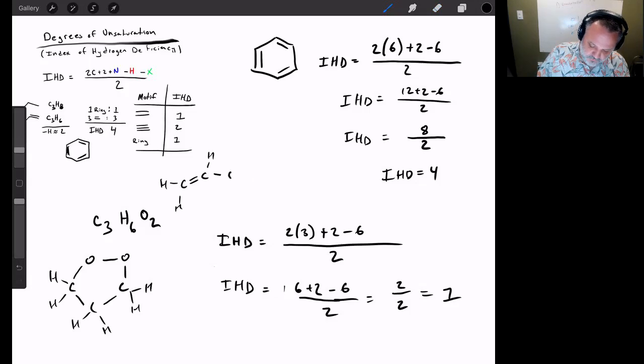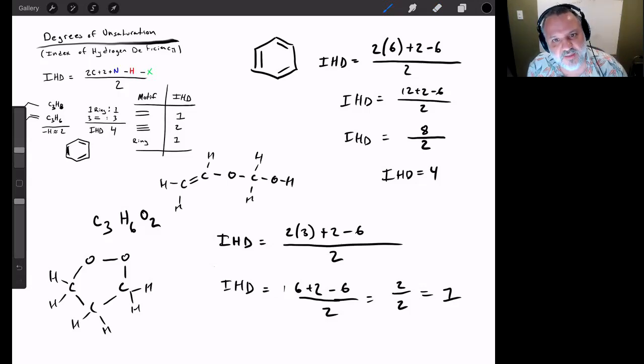So in order to get O2 without any more, boy, that's weird. I wonder what that thing is. But this would have an IHD of 1. It's probably not a very stable structure, probably doesn't exist in nature, or it's probably highly reactive, but it's a possible constitutional isomer. All it has is a double bond.